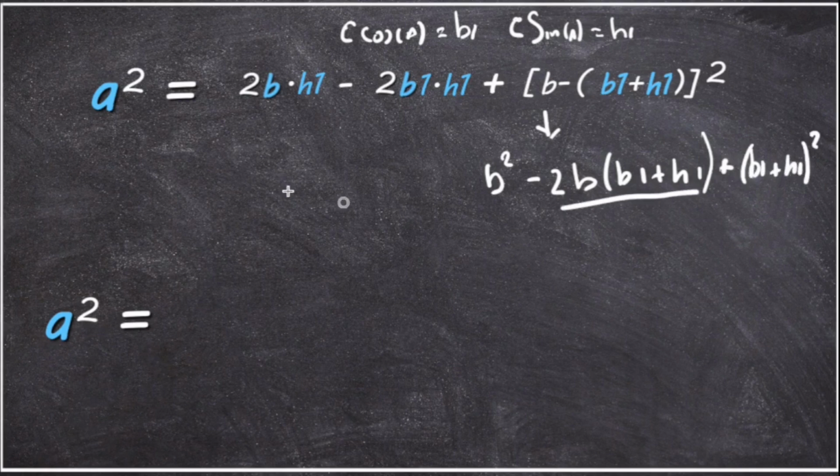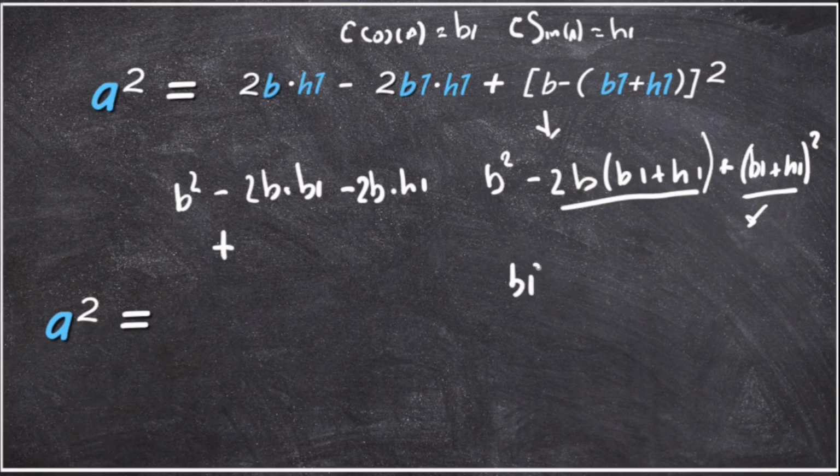We'll expand the simple brackets first, so that gives us B squared minus 2B times B1 and minus 2B times H1. And that's added to the squared brackets. B1 plus H1 squared is B1 squared plus 2B1 times H1 plus H1 squared.